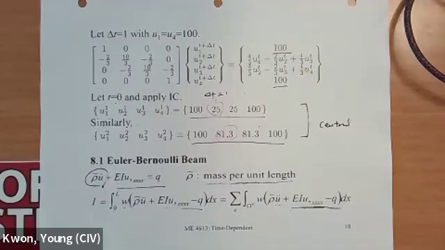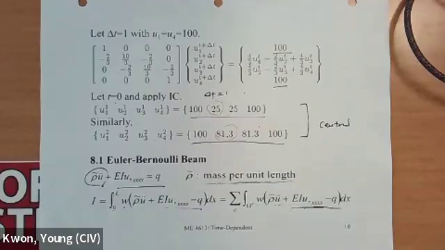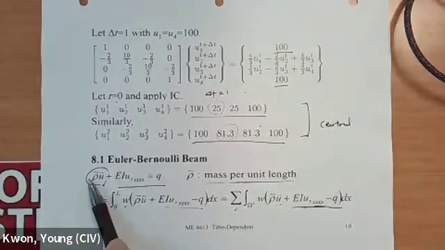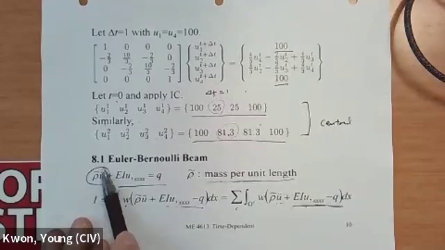But in solid mechanics, the basic variable is displacement. So inertial force, which includes mass and acceleration, the acceleration is going to be the second derivative. That's why you see the second derivative in here. So that's the inertial force.